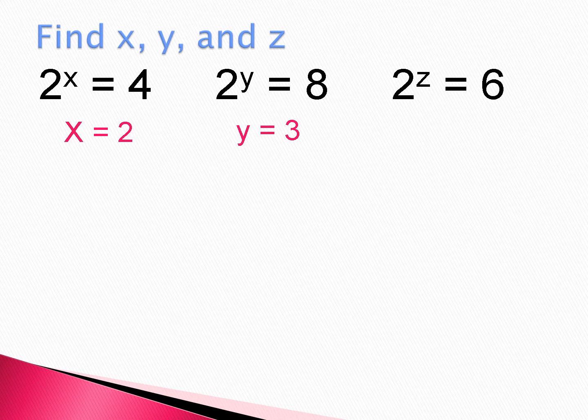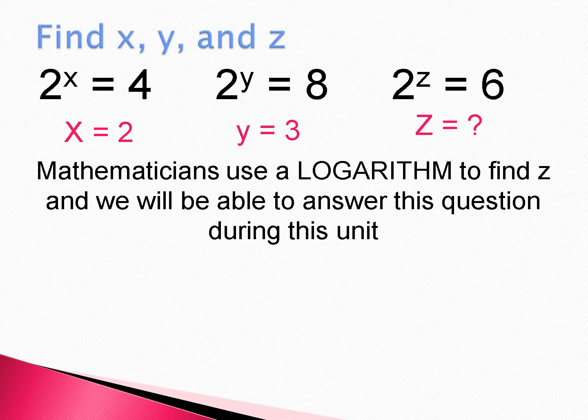Let's look at the last one. 2 to the zth power equals 6. Now, is there a power of 2 that will equal 6? Because I know 2 squared is 4 and 2 cubed is 8. So there is no whole power of 2 that will equal 6. We don't know it. So that's why we mathematicians use a logarithm to find z.